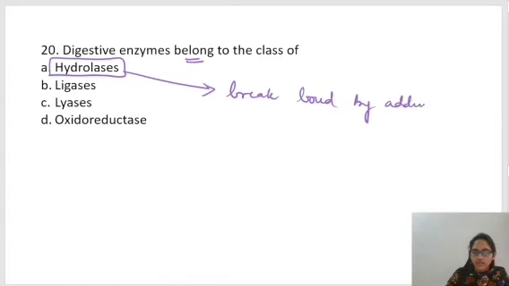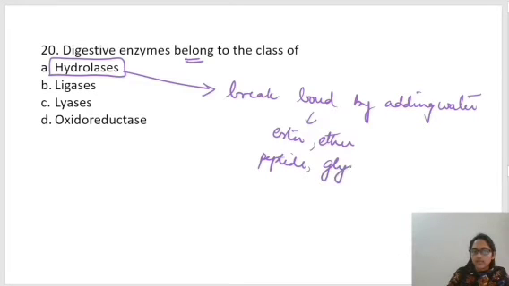They break ester bonds, ether bonds, peptide bonds and glycosidic bonds by adding water.